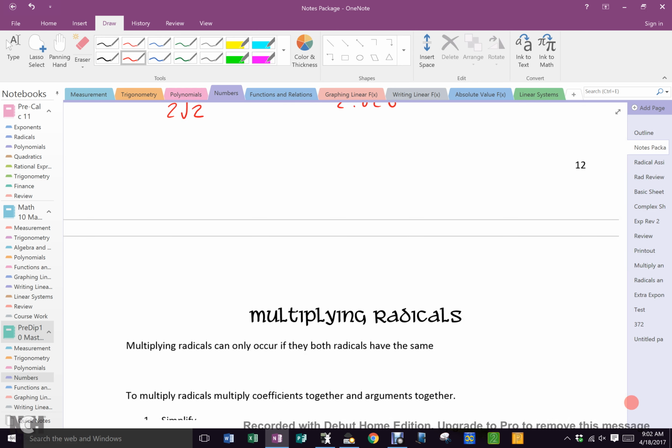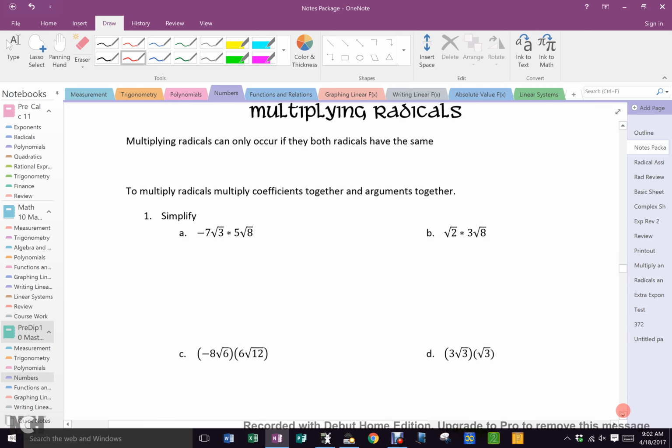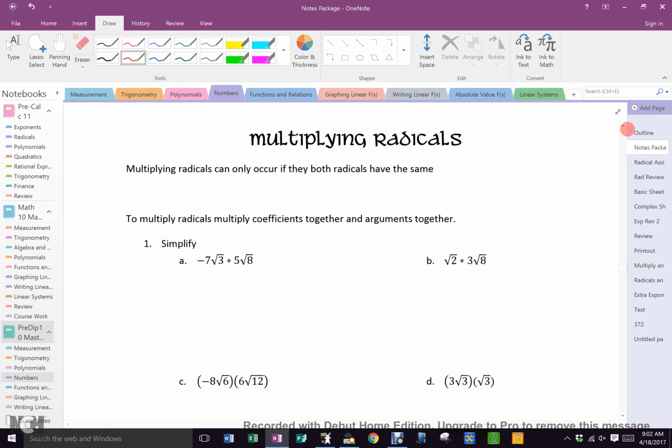Now, I'm going to do something that I don't normally do. I'm going to do a little bit more work because it applies perfectly to what we just did. It folds into the next thing really well. Okay? Is multiplying related to adding?